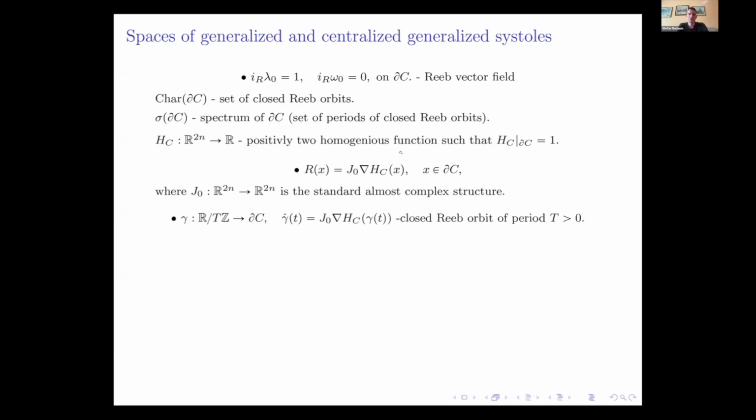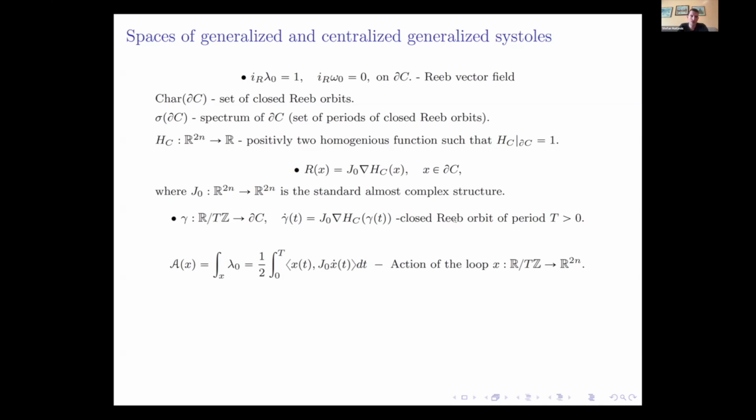Therefore, we can see closed Reeb orbits as solutions of this equation, where T is now the period of the Reeb orbit. One more notion I want to introduce is the notion of action. When we have a loop, we define the action of that loop as the integral of lambda 0 over that loop, and this is independent of reparametrization up to changing a sign.